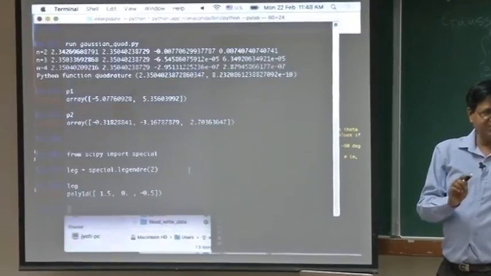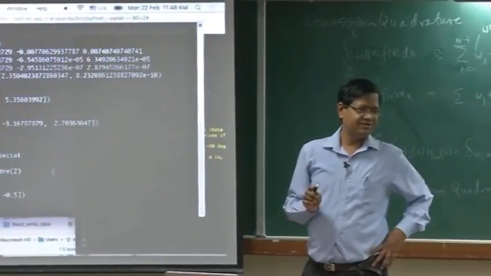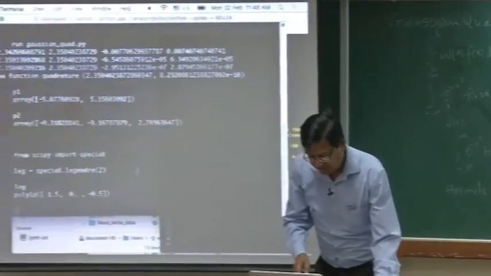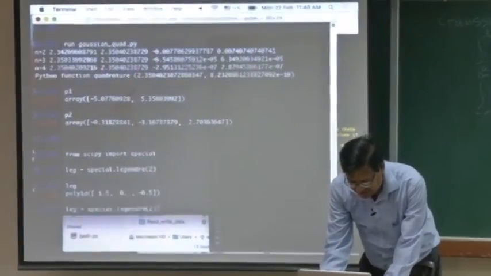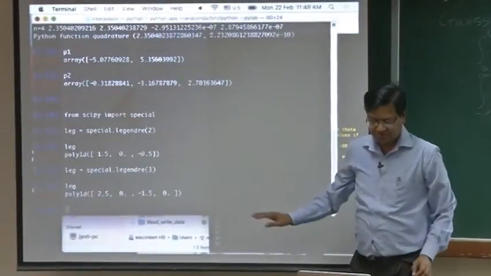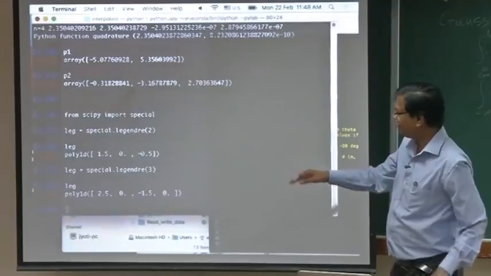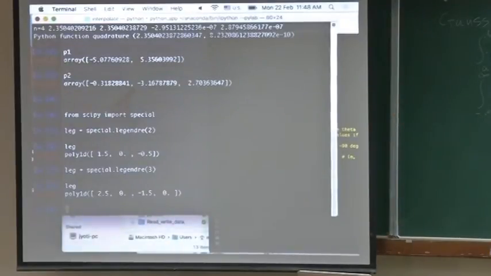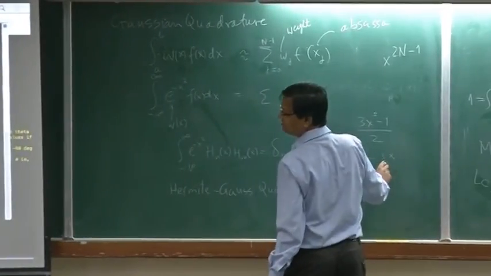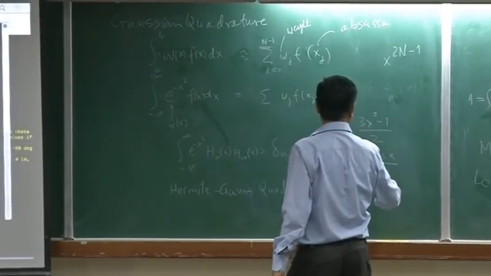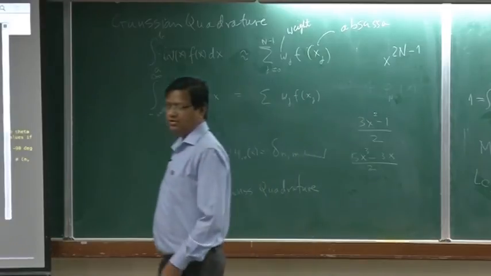So 1.5 x squared minus half. We can do for odd, so Legendre, let us say 3, so it gives you 5x cube minus 3x by 2. Okay.